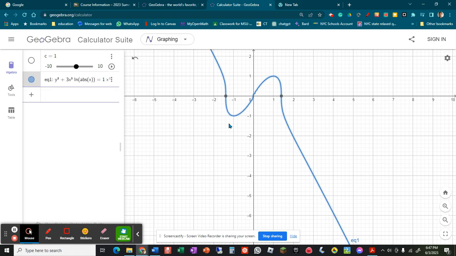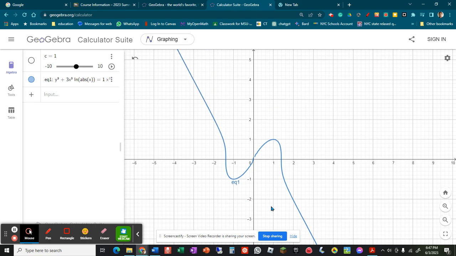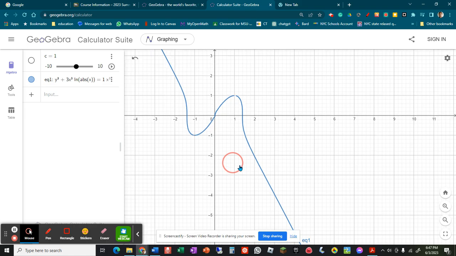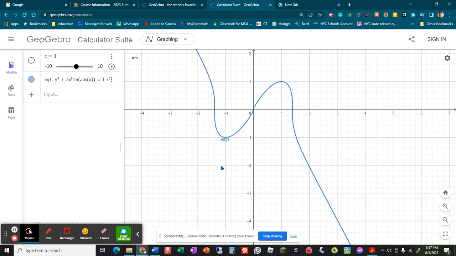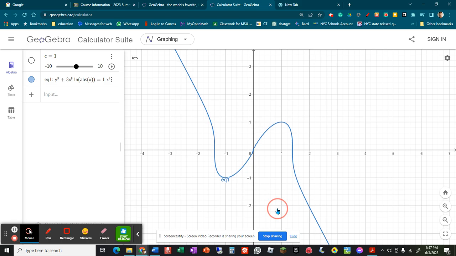Wow, look at that weird picture. I like it. So maybe I can zoom in. Wow, this is good. It's like a cubic equation, so it makes sense.